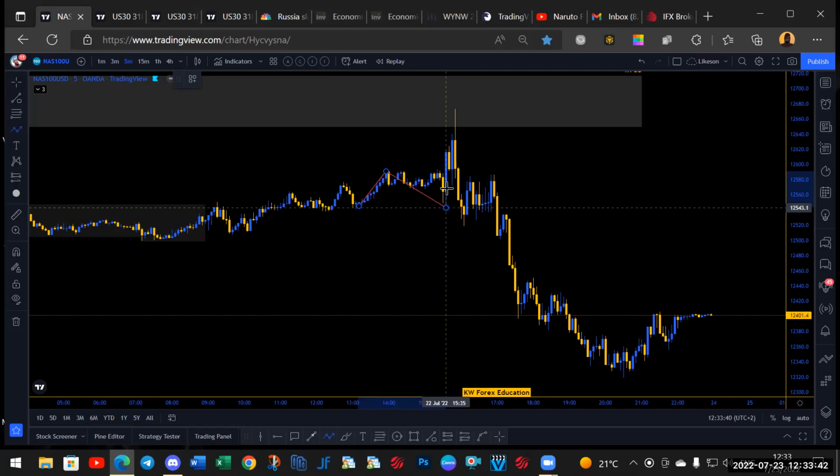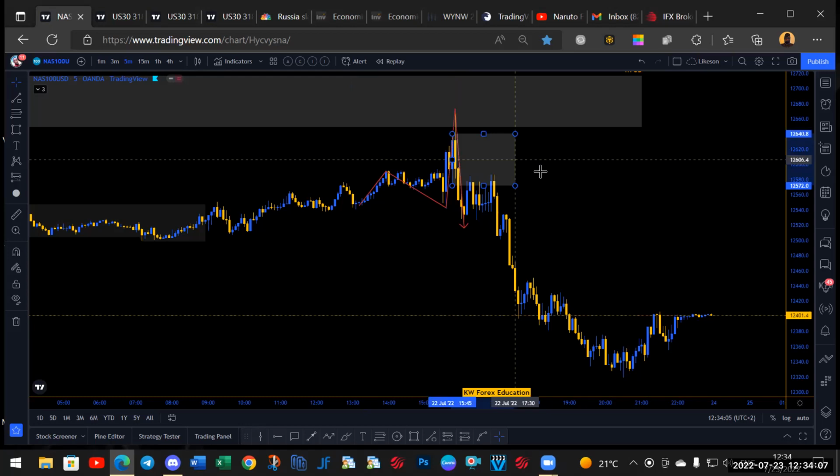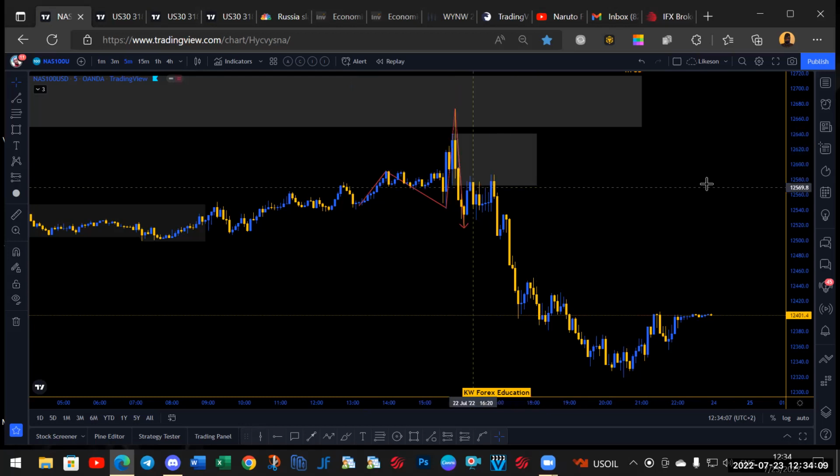That was your low. Then it went there, then it broke your low there, right? So after it broke your low, now from this swing, you draw your order block, and that is your order block. That is where you would have entered.